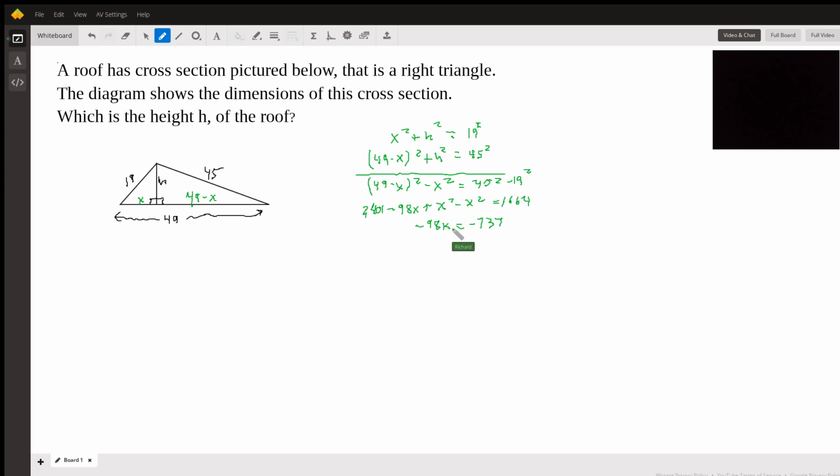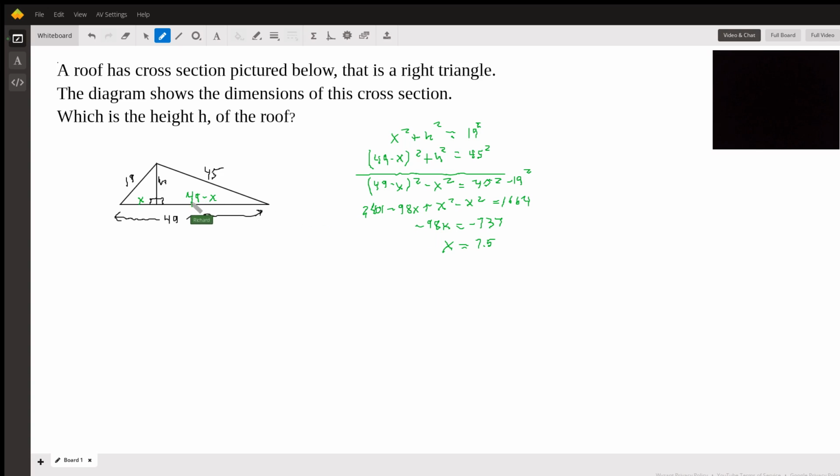And divide both sides by negative 98, and you get x. I'm going to just round it to 7.5. So this is not so wonderful, but it's not so terrible either.